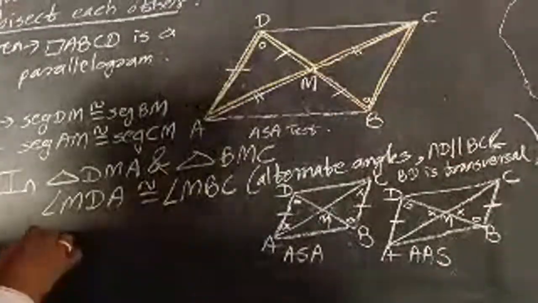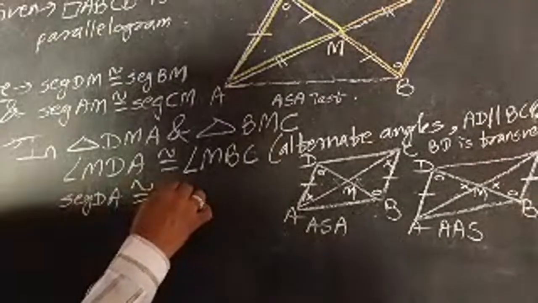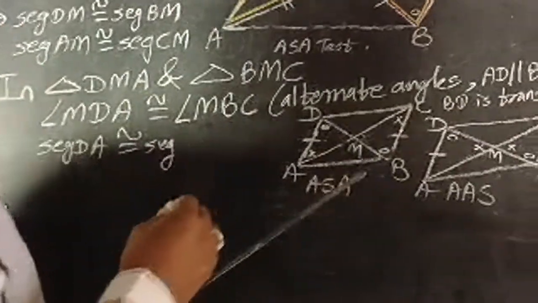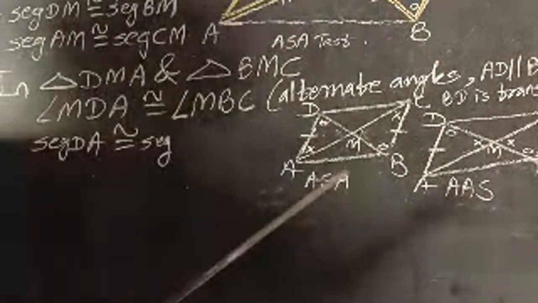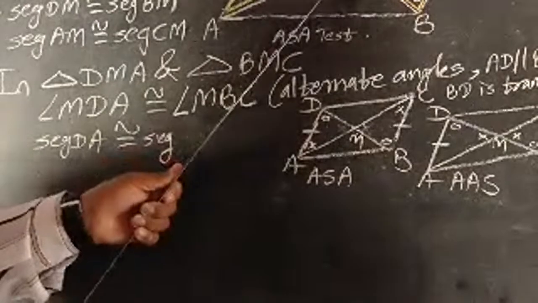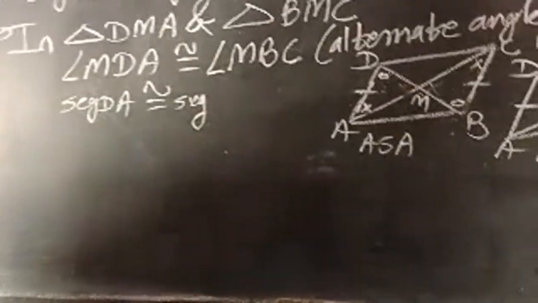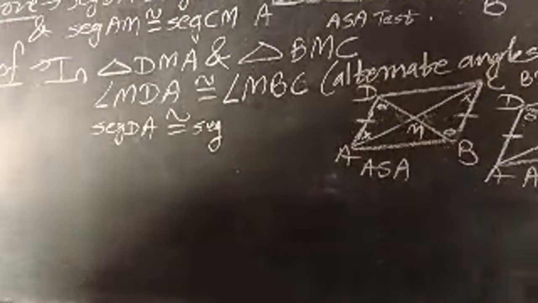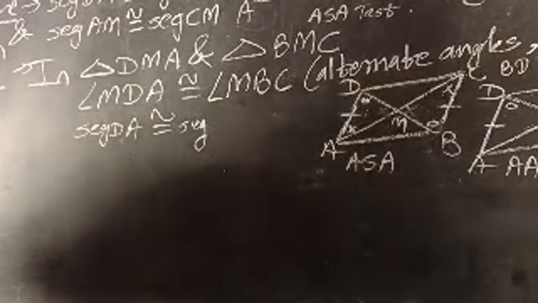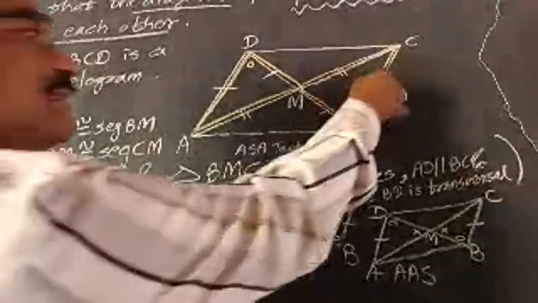Segment DA congruent to segment DM, wrong. Yes. DA congruent to segment CB. Good.